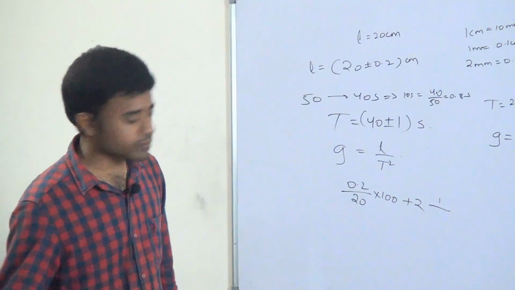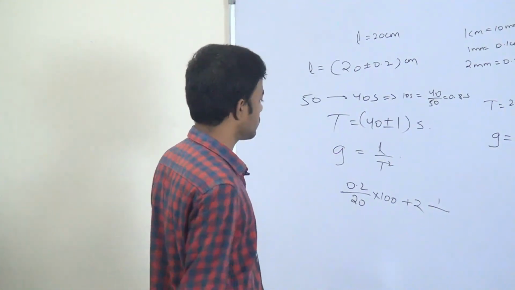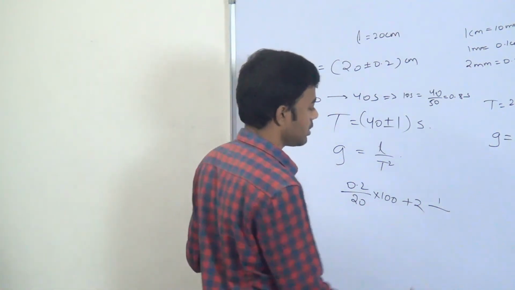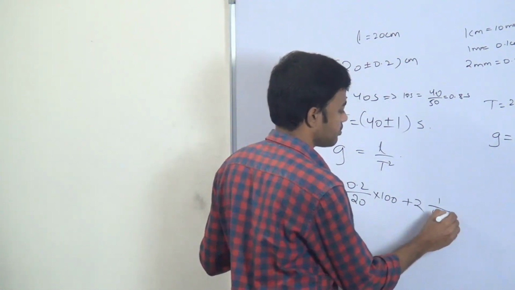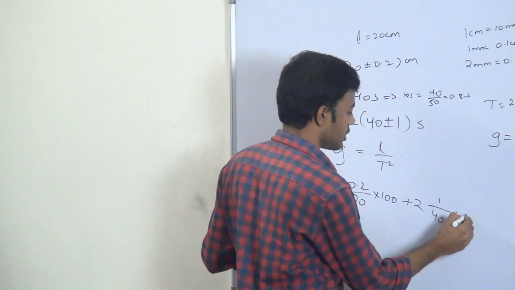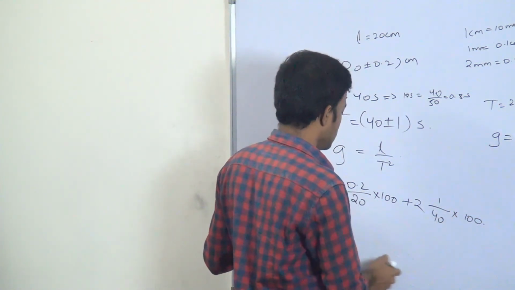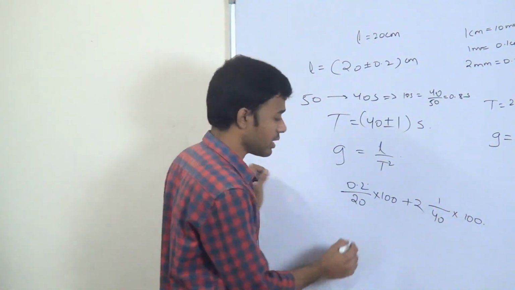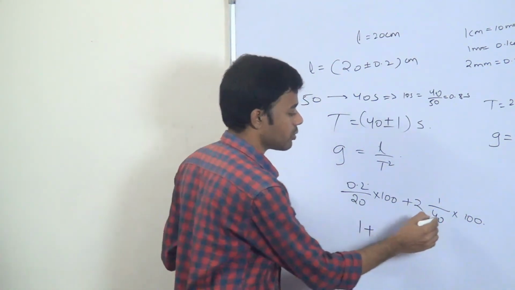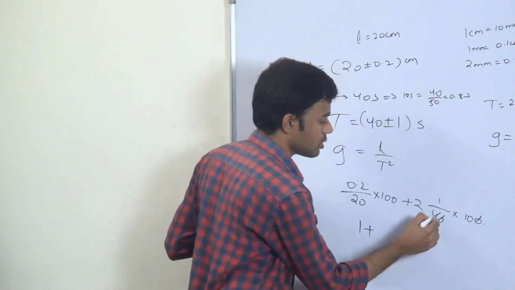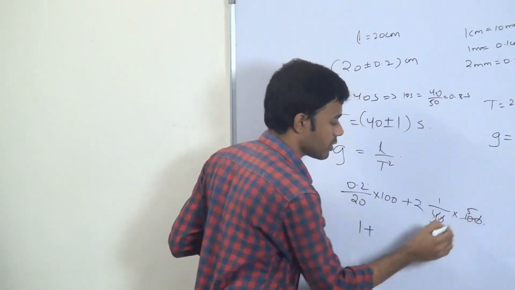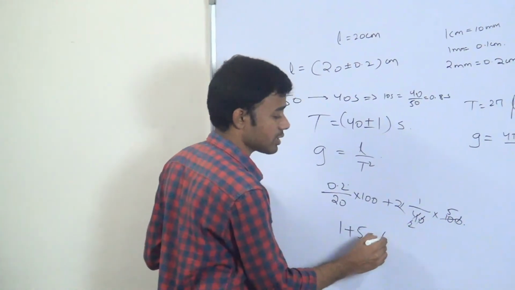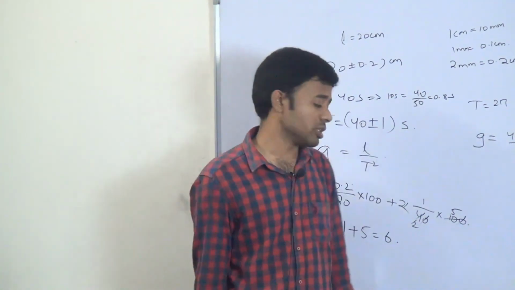So here it is 2 into the error in time, 1 second, by the actual time, 40, into 100. So 0.2 by 100, the 100 and 100 by 100 get cancelled, and 1 plus 2 into 1 by 40 plus 5. It is 6%, which is option A.